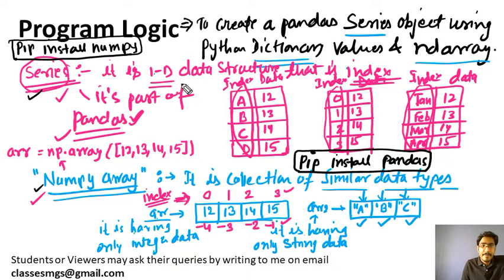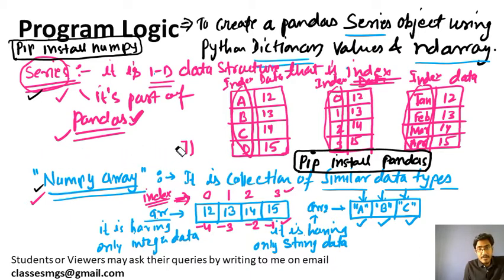Now we will see the steps to create the Python program. How can you create the series object? You might have heard it in your theory classes. First you need to import pandas, by using the line import pandas as pd.